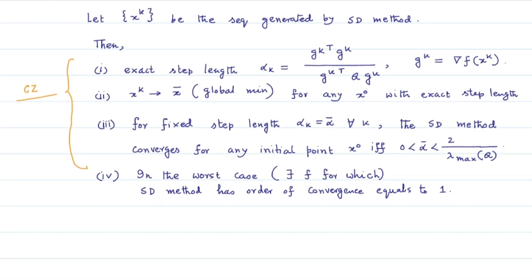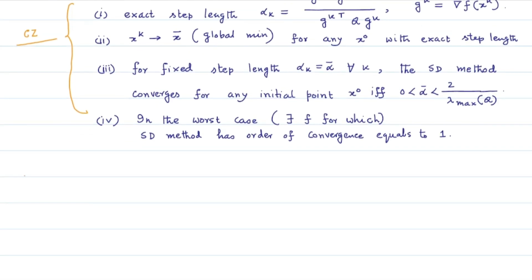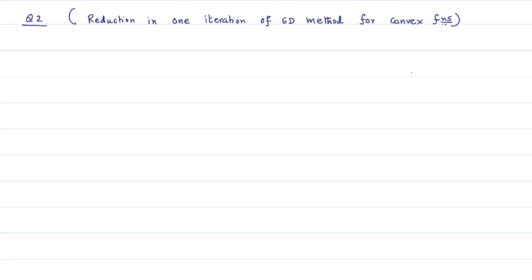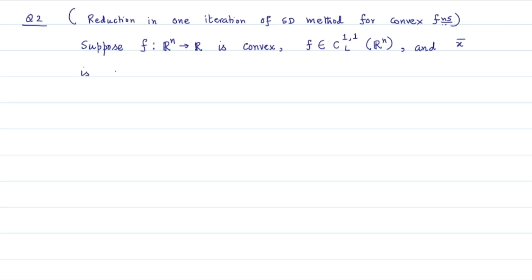I will end this lecture by mentioning one more result in terms of a home task, that is, the reduction in one iteration of the steepest descent method for a convex function. Let us suppose we are given an objective function that is convex and is a C^{1,1}_L function on the n-dimensional Euclidean space Rn, and suppose x bar is a minimum point of the function f.